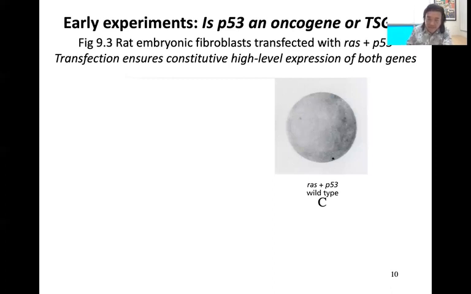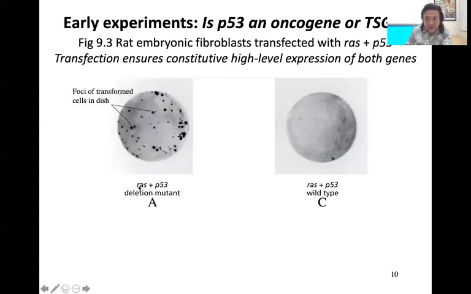So what they did then was say, well, okay, let's mess with the p53. In our expression construct, let's truncate the p53 gene so that it doesn't form a totally normal p53. What do you see? When you express those together, so the wild type RAS, but you're overexpressing a deletion mutant of p53, now, look, now you get lots of foci, right?